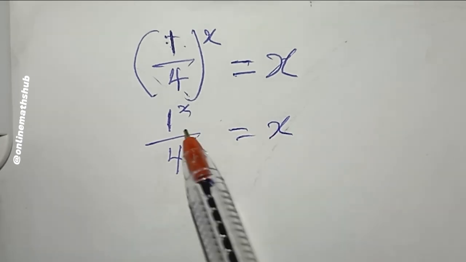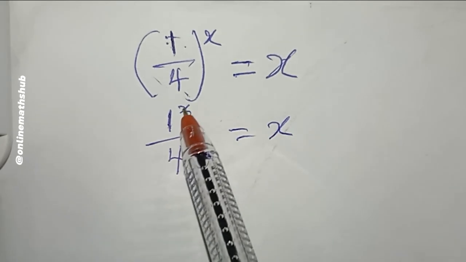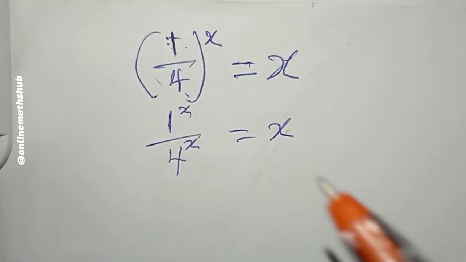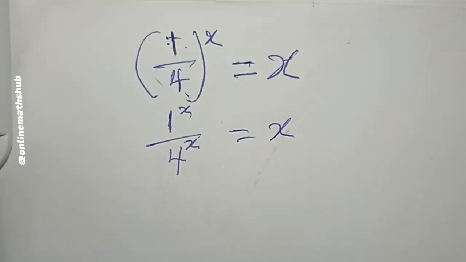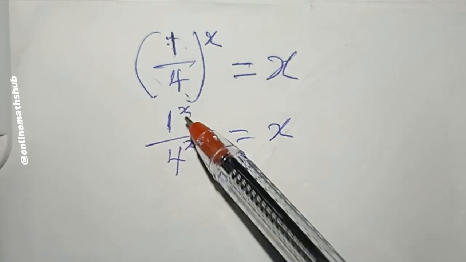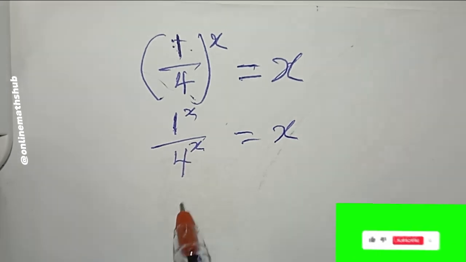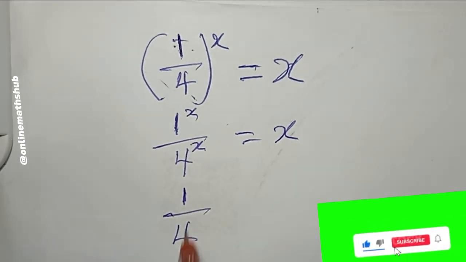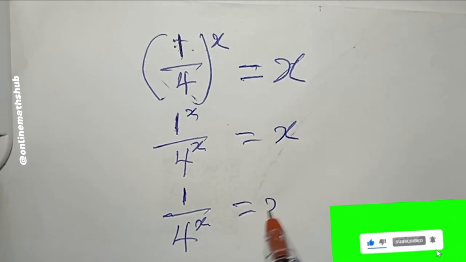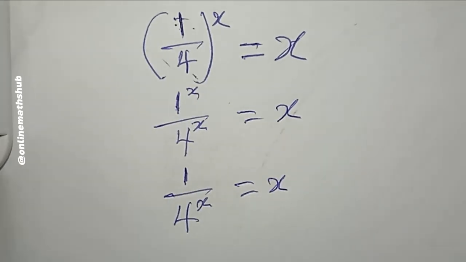Of course 1 to the power 1 is 1, 1 squared is 1, 1 cubed is 1, even 1 to the power 1 million is still 1. So 1^x for all values of x gives the same answer, 1. So I can rewrite this as 1 over 4^x is equal to x.